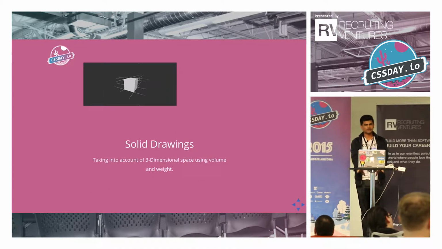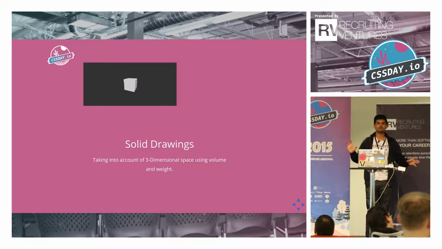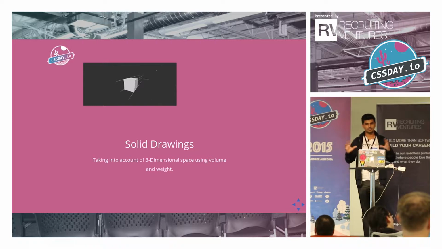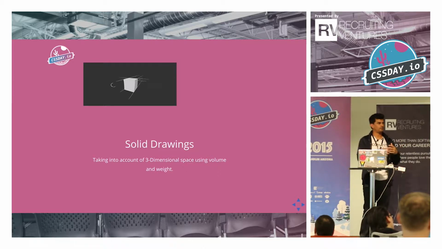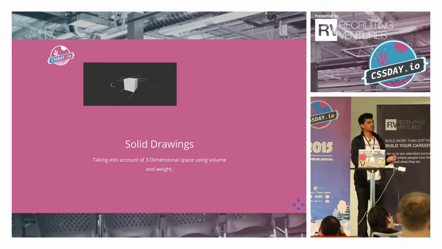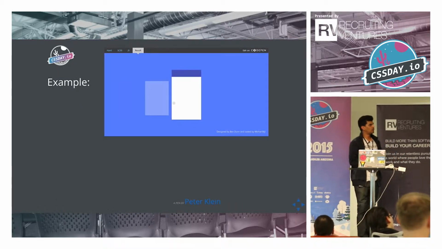The next one is solid drawings. Solid drawings is pretty much using three-dimensional objects in a two-dimensional space, using the volume and the weight to make it feel real. There's no better example than Google's Material UI on how Google does it.